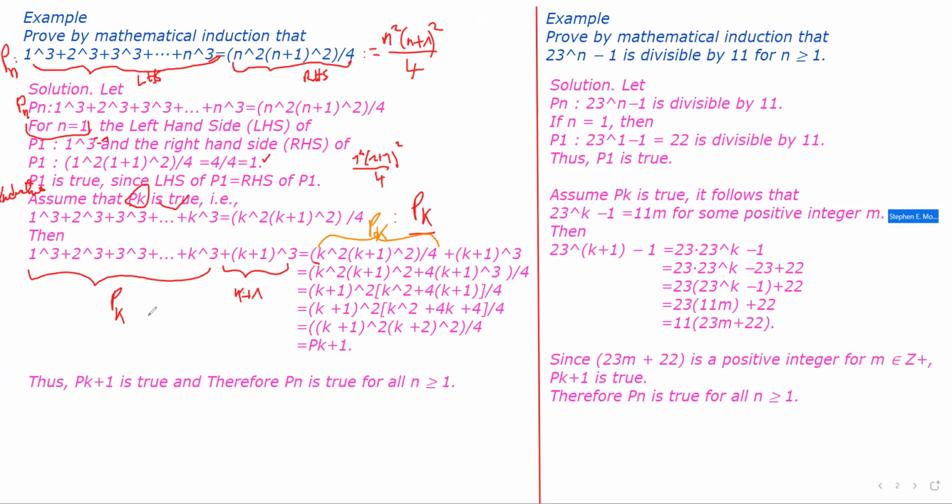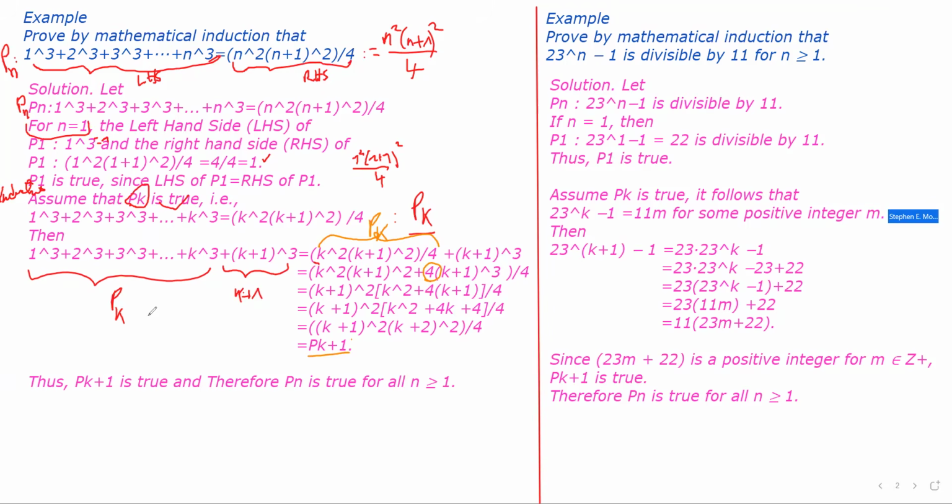And now we add again a k plus 1 value. If we do that, then we will see that we can simplify, right? We can now write everything over 4, and that means that we multiply the k plus 1 value by 4. We simplify again, and then we finally come to the value of k plus 1 squared into bracket k plus 2 squared all over 4. And this is exactly what we mean by the Pk plus 1 value.